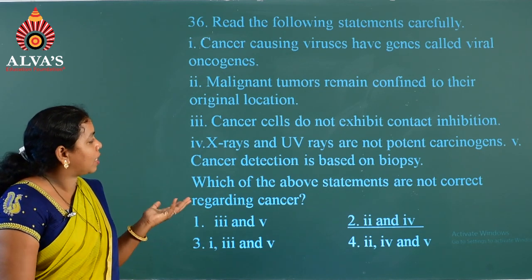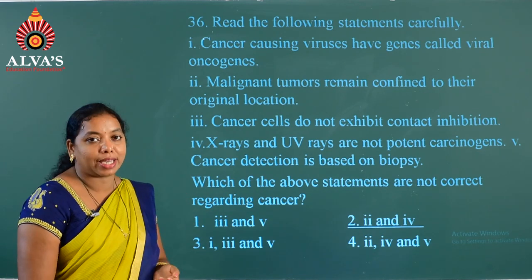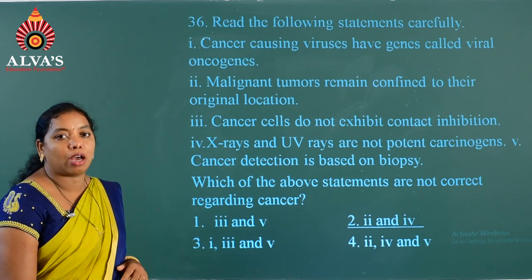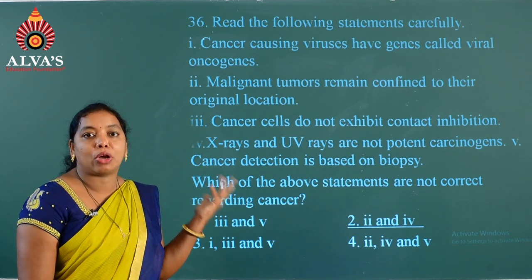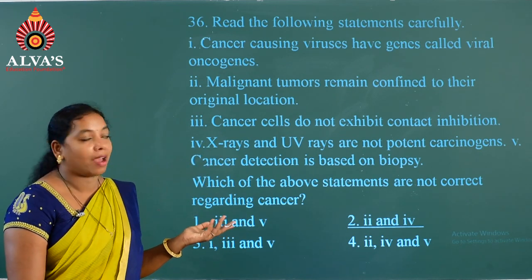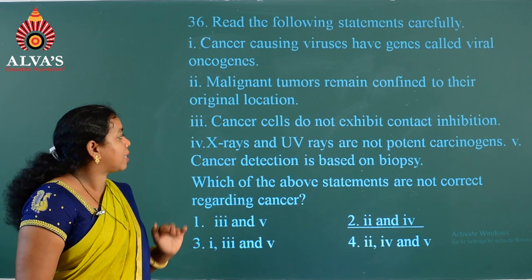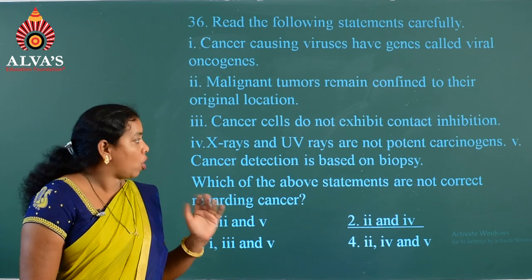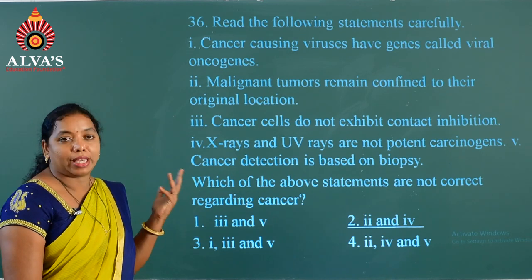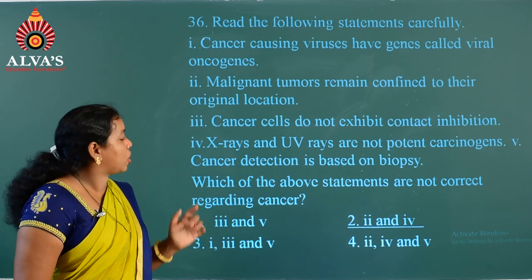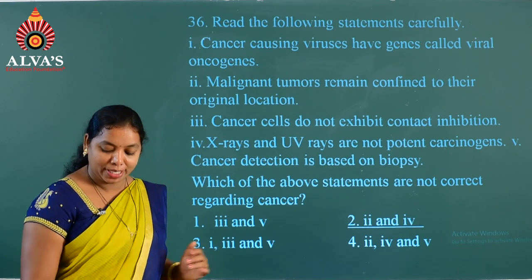So, the first one is correct and even the third option is correct, whereas the second and fourth are wrong, because in the second, it is not applicable for malignant, it is benign, and the fourth one, X-rays and UV rays are potent carcinogens. So, that is why the answer for question number 36 is the second option.